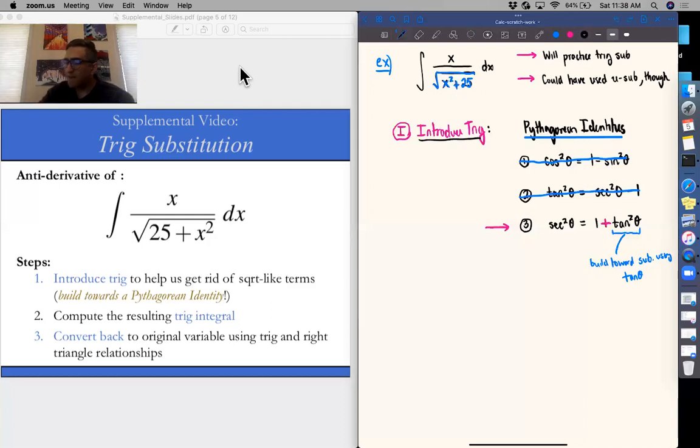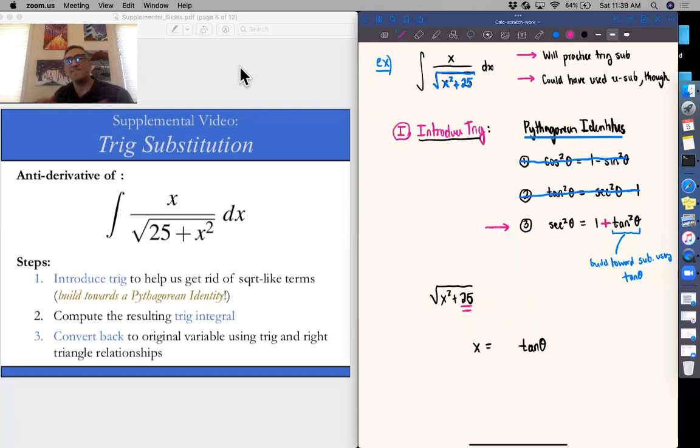Moving forward with our trig substitution, we want to introduce that tangent into the square root somehow, so we want to let x equal something related to tangent. However, there's one other aspect to think about. If we focus on the square root of x squared plus 25, what's different from the right-hand side of the identity is that we also have this 25 sitting there.